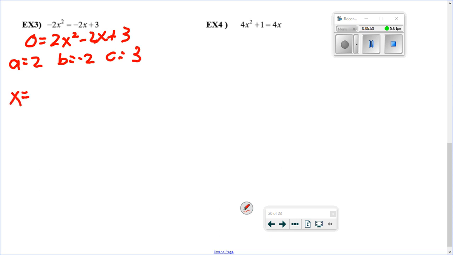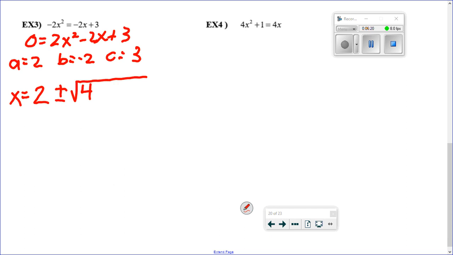So plugging all that into our quadratic formula. First we have negative B. If B is negative 2, the opposite, we make that a positive 2, plus or minus the square root. We'll have B squared, so the negative 2 squared would give us 4.